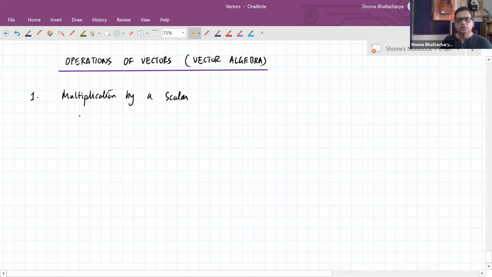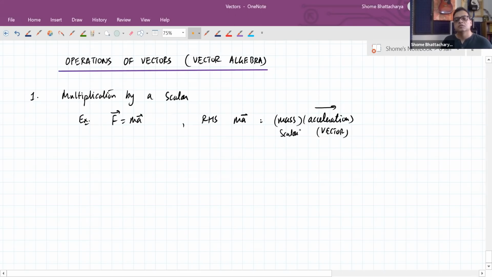There is nothing much here. For example, a well-known equation like F is equal to ma. On the right hand side, this is mass multiplied with acceleration. Acceleration is a vector, mass is a scalar. So if I say that the vector B is 10 times the vector A, that means the magnitude of vector B will be 10 times the magnitude of vector A, and the direction of B will be along A.